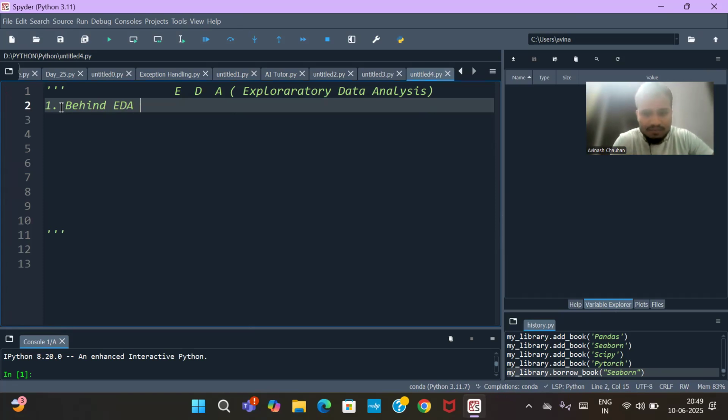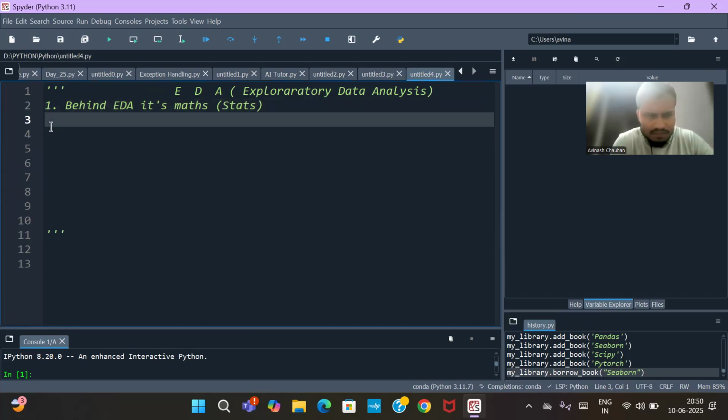Behind EDA, it's maths. One and only maths. And in maths, again, it's stats, statistics. Behind EDA, it's maths. Okay. Now we will move on to the next part.